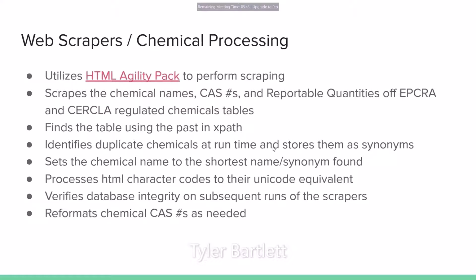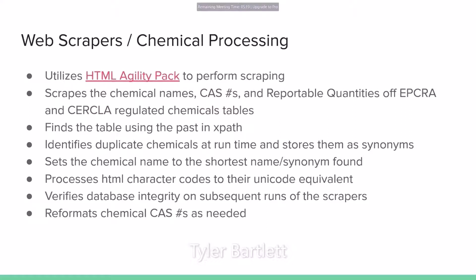Our scrapers and chemical processing was designed to try to identify duplicate chemicals. A lot of the chemicals listed in CERCLA's hazardous substance list ended up being duplicates in that they had the same CAS numbers and same reportable quantities, but with a different name.